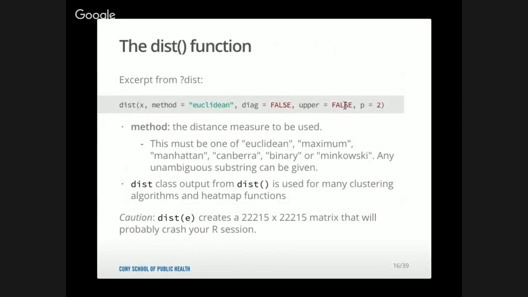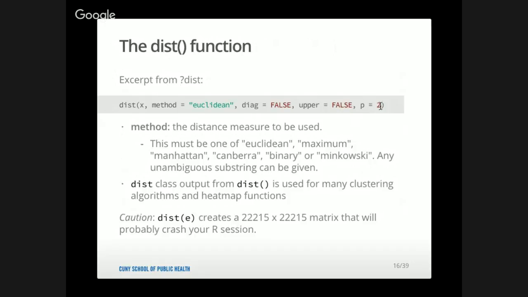Upper equals false, so it's only giving us the lower half of this square matrix. You know why, by default? Symmetric, yeah. If you turn both of these to true, you will see a symmetric matrix with zeros down the diagonal, so its transpose is equal to itself.